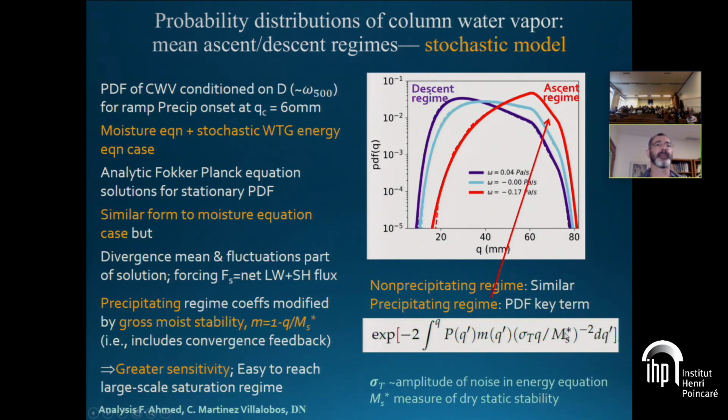And it's all relative to measures of what's happening in the variance of the noise. So there's greater sensitivity here. You can change this shape. In fact, if you have a region of negative gross moist stability, then this curvature can change and you can actually get a little bump before the saturation regime. So it can be much easier to reach the large-scale saturation regime.